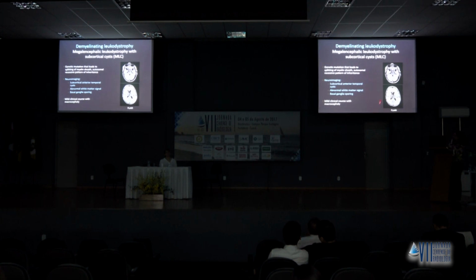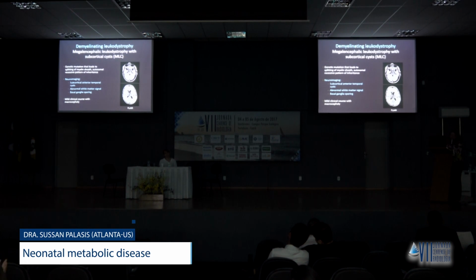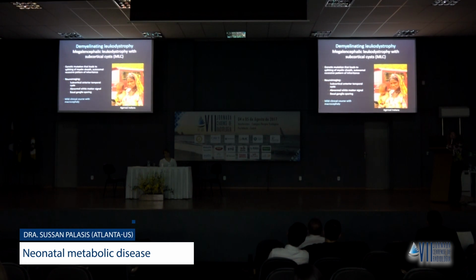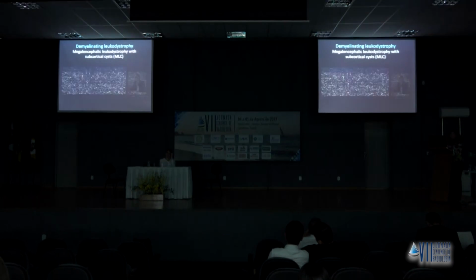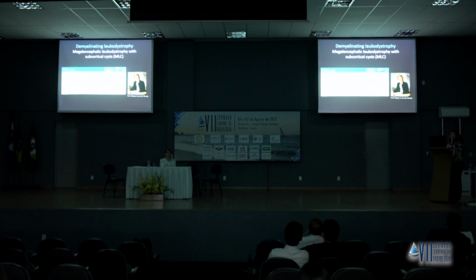You're going to have abnormal white matter signal, and the basal ganglia are going to be spared in this disorder. And the clinical course for these patients is actually very mild. It's found more frequently in the Agarwal Indians. First described by Dr. Marjo Vandernap.